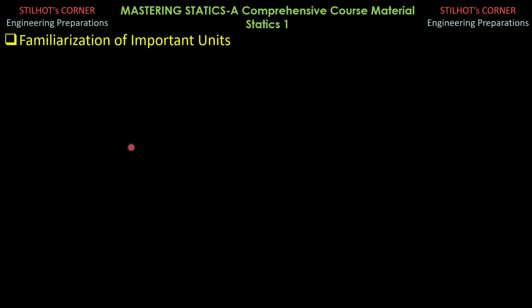So one is for the length, and we have two systems of units. One is the International System of Units or the SI units, and the other one is the English units, which is also common for British units.